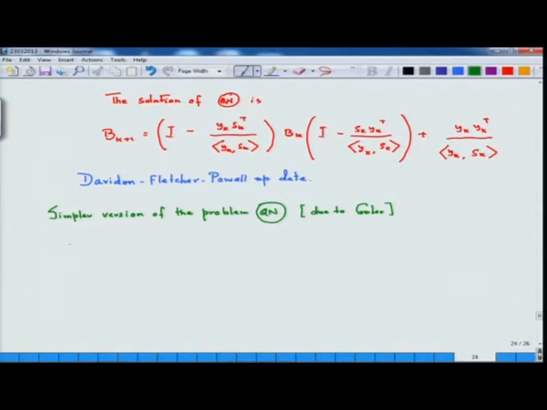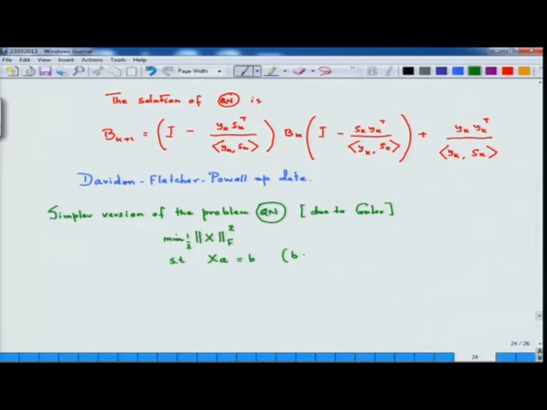So, we will consider the problem on the space Sn of symmetric matrices. We will minimize an n cross n matrix X using the Frobenius norm. In fact, I will minimize half of the square of that, such that X times A is B, where A is an n cross n matrix and B is an n cross n matrix, and of course, we do not expect B to be 0.